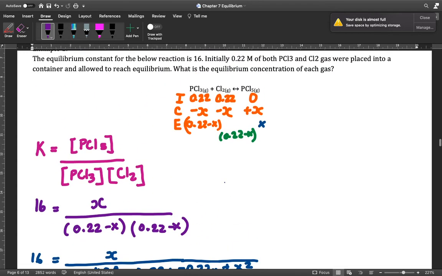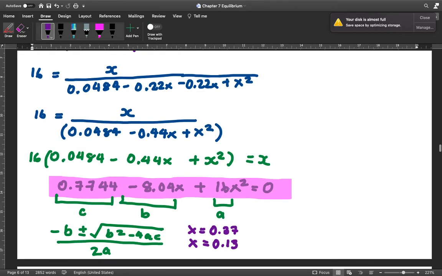If I have 0.37, it doesn't make sense that the concentration of PCl3 and the concentration of Cl2 will reduce more than there was to begin with, right? We had 0.22 moles per liter. Can you take away more than 0.22 moles per liter? No, right? Because 0.37 is more than the initial concentration that we started off with.